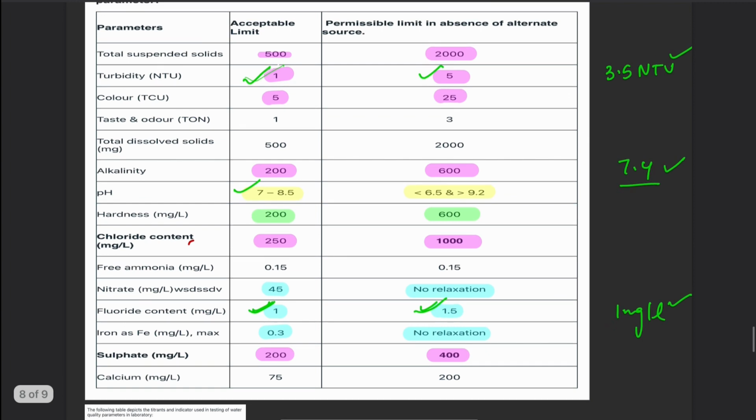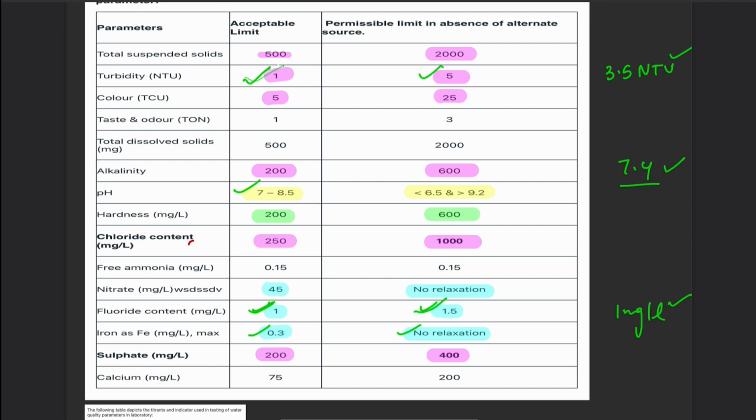Now we have iron. The iron limit is 0.3 and there is no relaxation, meaning less than 0.3 is the only option.